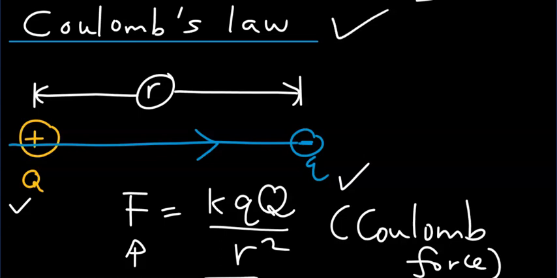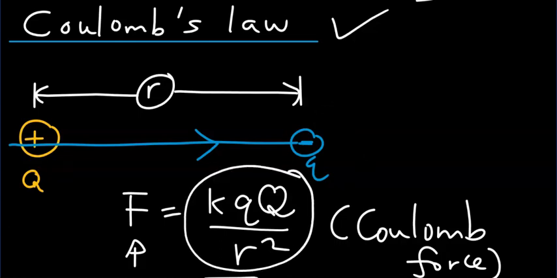However, note that although the force on this due to that and the force on this due to that are the same, namely this expression, the directions are different. So on this capital Q, the force due to little q is going like that, and on little q, the force due to capital Q is going like that.